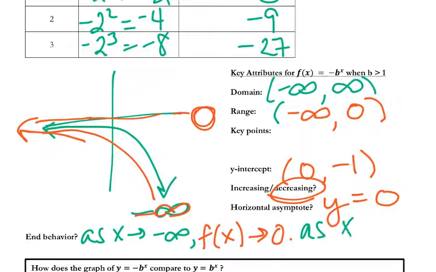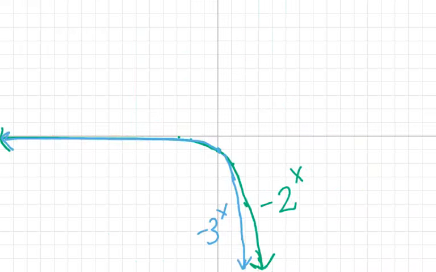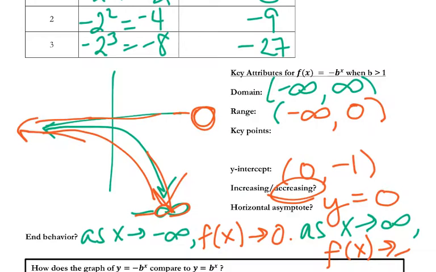Then as x goes to +infinity, so as we move to the right, f of x is headed towards -infinity.